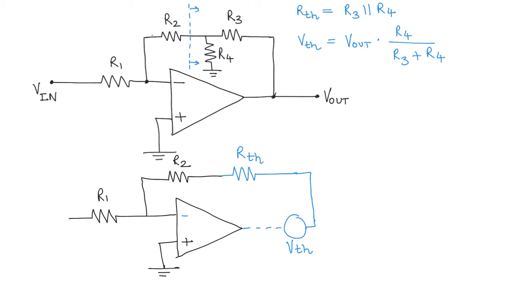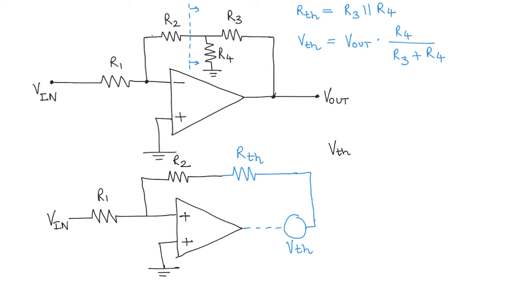Okay, so now we can analyze the circuit a little bit more, and we can find out the relationship between VTH, the Thevenin voltage, and V in. And what is that going to be?